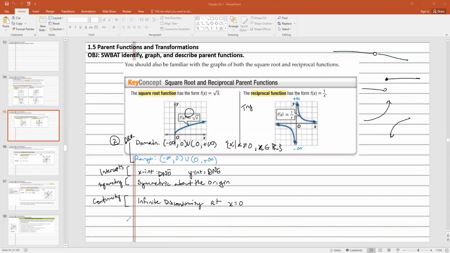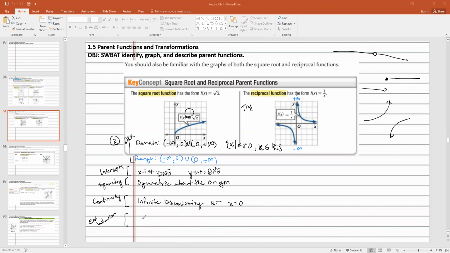End behavior. Okay, so end behavior is what it's doing as it goes to the left forever.